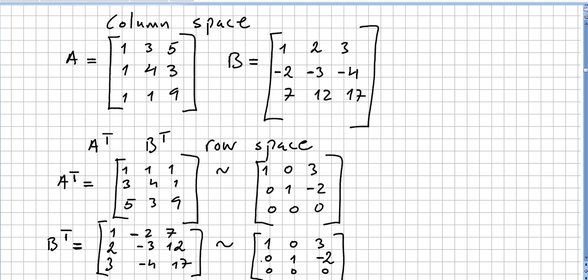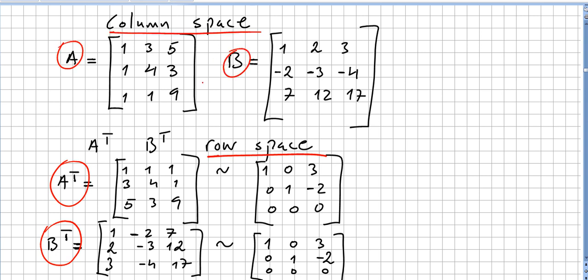B transpose, row reduced to its canonical form, is 1, 0, 3, 0, 1, minus 2, 0, 0, 0, and we see that A transpose and B transpose have the same row space. So since they have the same row space, A and B will have the same column space.